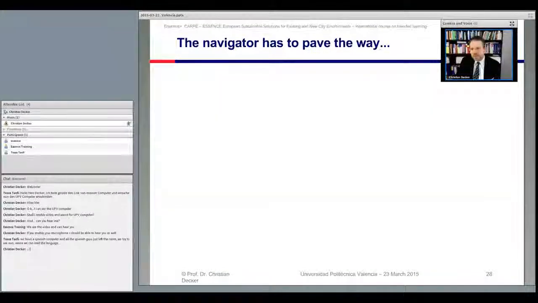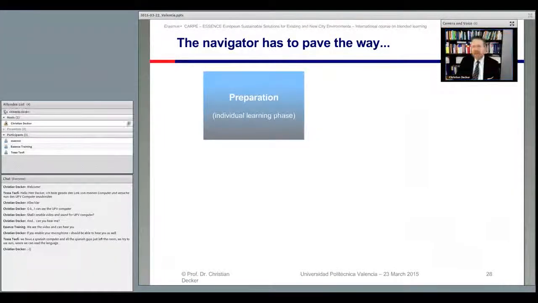So I view myself as the navigator for the students. And the navigator has to pave the way for the students, meaning you are the one who has to make sure that the group of students moves in the right direction.